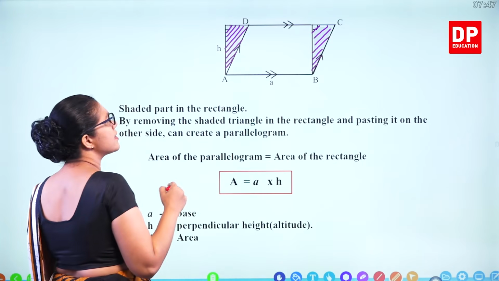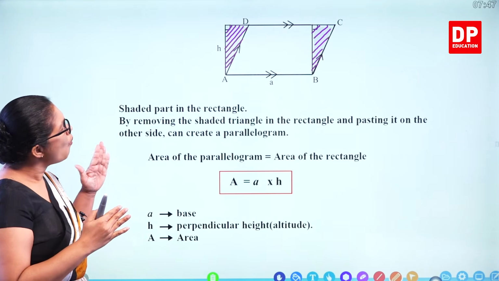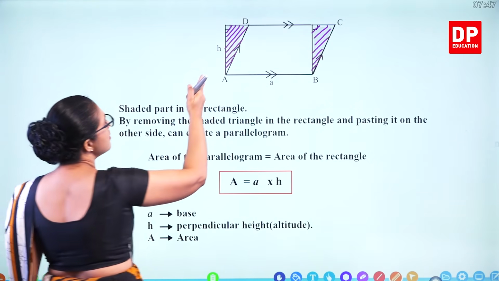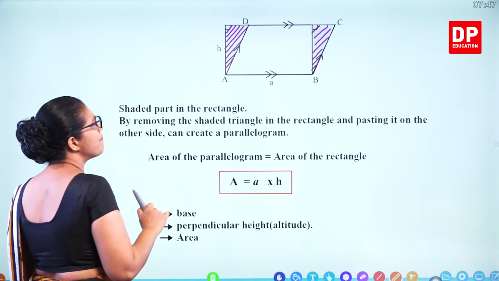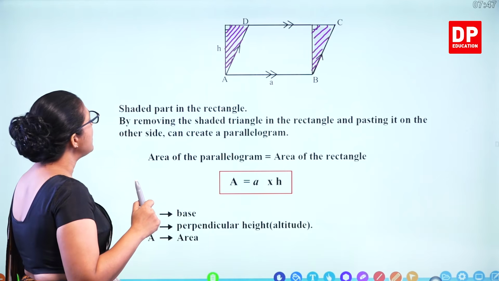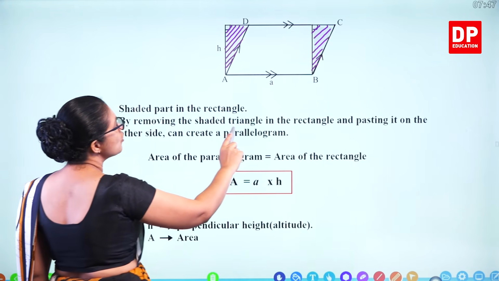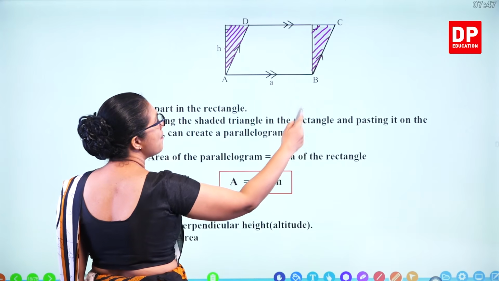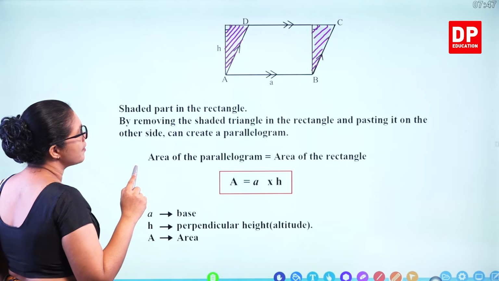Take the triangle, cut one part, one triangle like this and paste it there. You get a parallelogram. So by removing the shaded triangle in the rectangle and pasting it onto the other side, we can create a parallelogram.